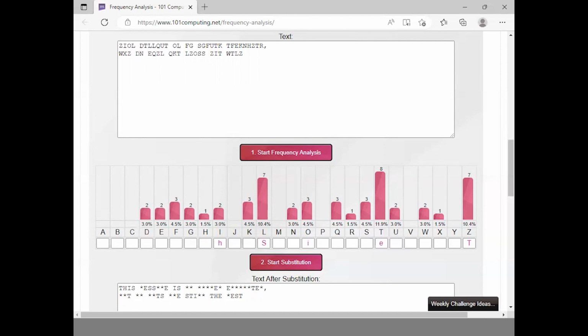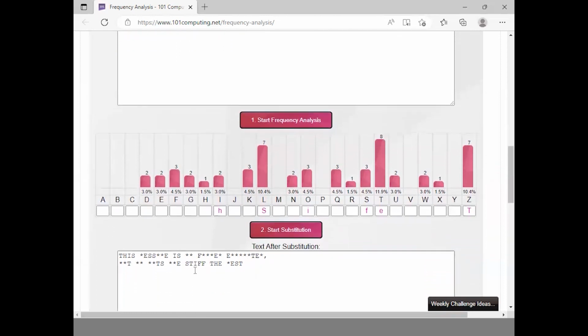So if we map the S to an F, we get this resulting message. However, stiff the something doesn't really make a lot of sense. So if we examine the other possibilities, it actually seems much more likely that that's an L, and that's the word still.